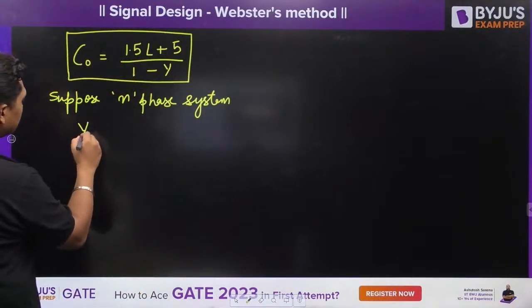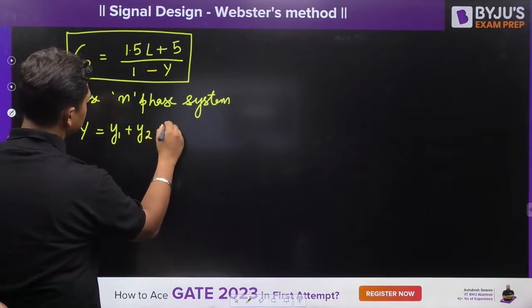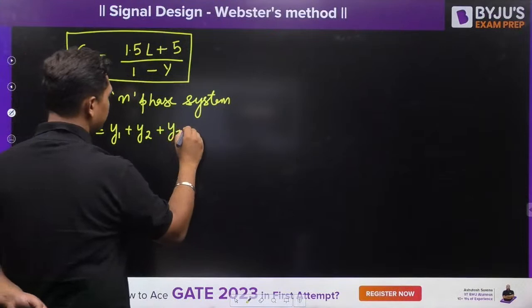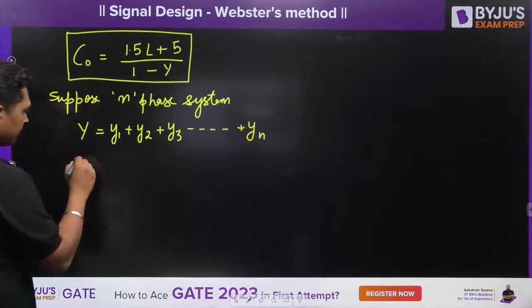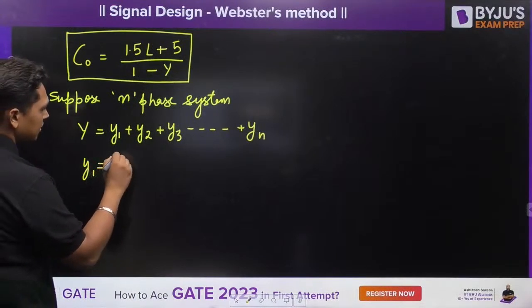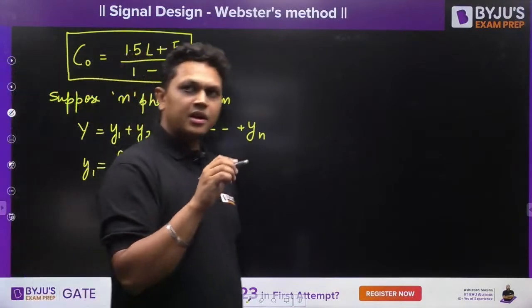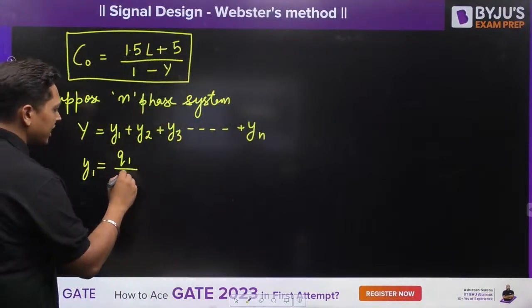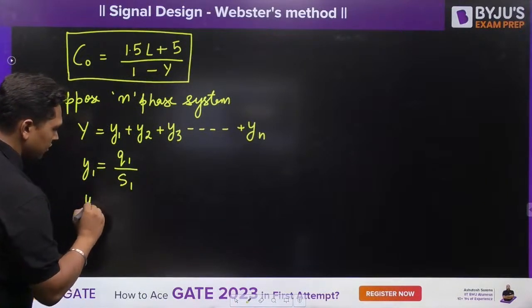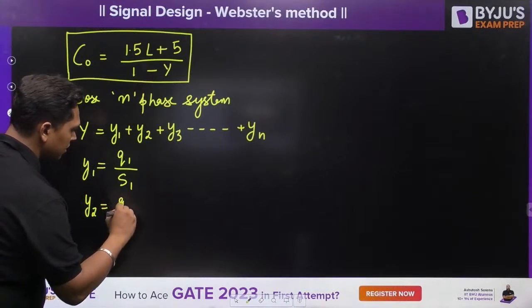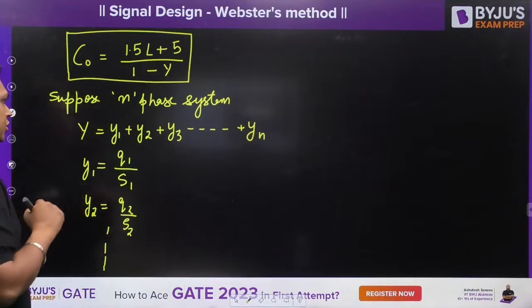So Y is equal to y1 plus y2 plus y3 up to yn, where y1 is equal to q1, the traffic flow in phase 1, divided by s1, the saturation flow of phase 1. y2 will be equal to q2 by s2 and so on.